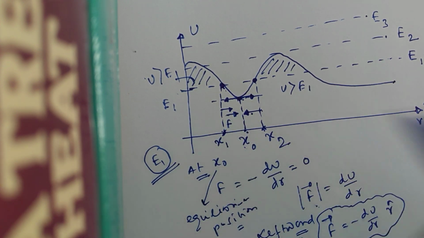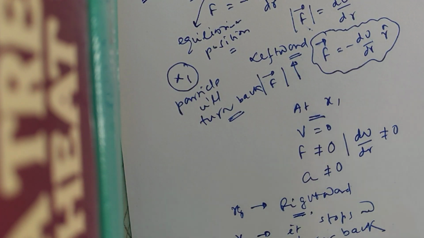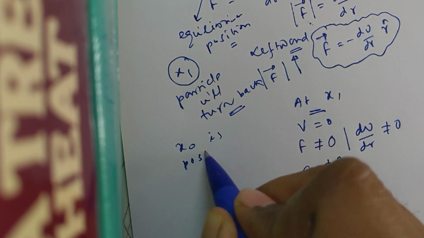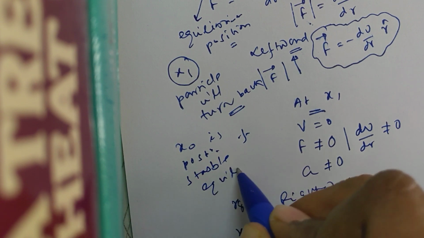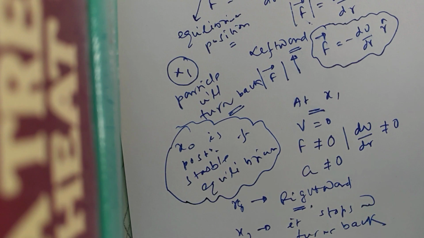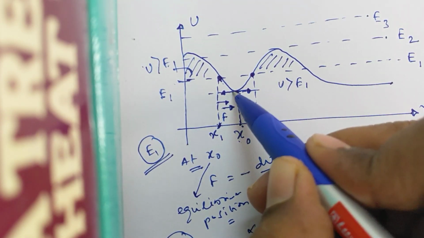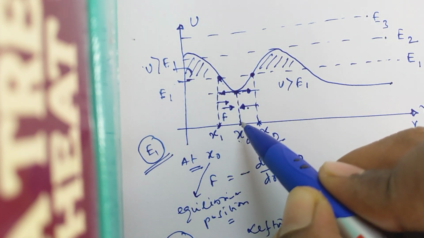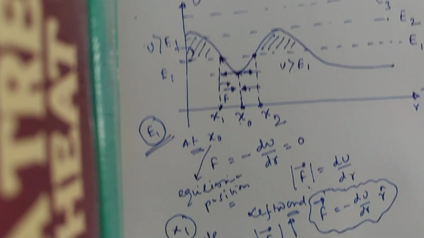This point x0, we will write, is the position of stable equilibrium. So what can we say about stable equilibrium? Whenever a particle is disturbed from the equilibrium position and it shows the tendency to come back to that position again and again, then this point x0 becomes the position of stable equilibrium.